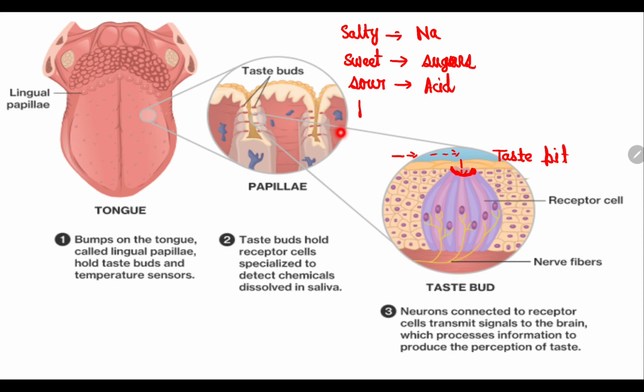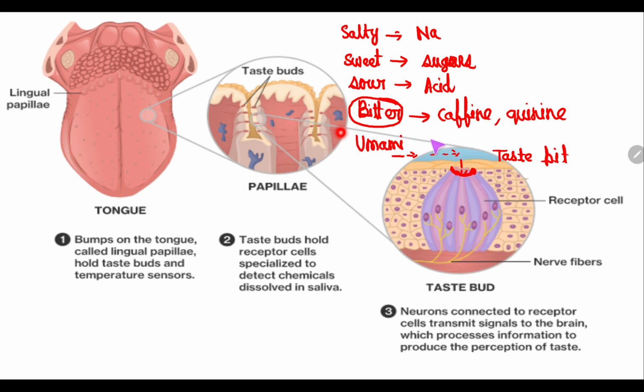Or it can be even bitter also, in the bitter taste, like if it is caffeine, or nicotine, or quinine, or if it is spoiled food, that has a bitter taste, and it will be detected. And then we have one more taste, umami.